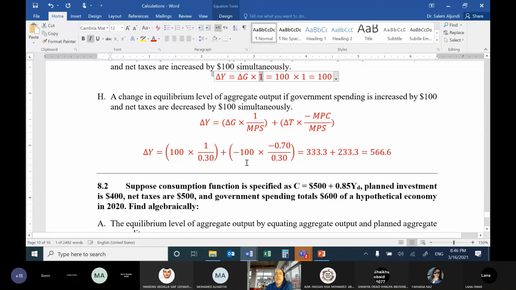I have to calculate the effect of each one, G and T, separately and find the sum of them because they occur simultaneously. So here, minus times minus will be positive. So the increase in government expenditure has positive effect on Y, and the decrease in taxes also has positive effect on Y.